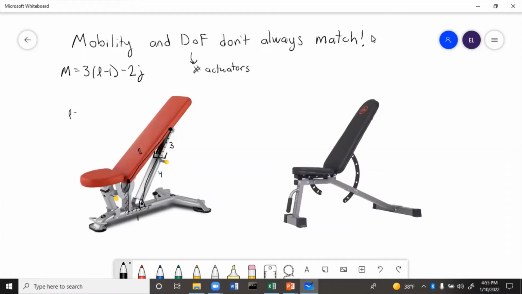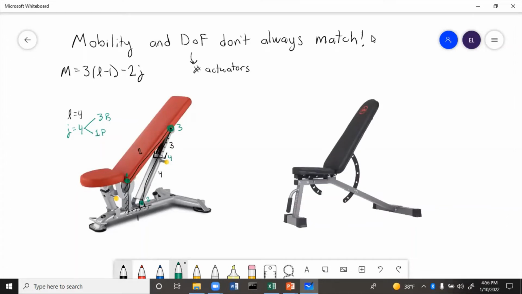So 4 links, and now we'll count up joints. We have one joint here that's revolute, another revolute 2, another revolute 3, and then a prismatic 4. So J equals 4, that is 3 revolute, 1 prismatic.